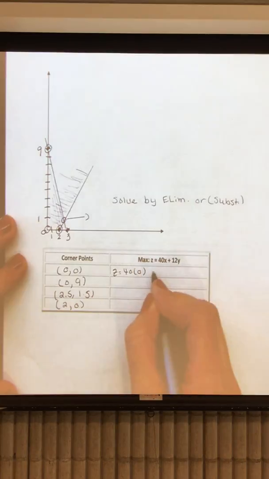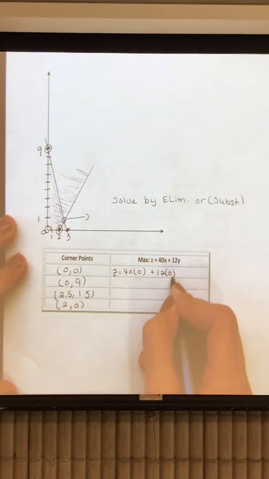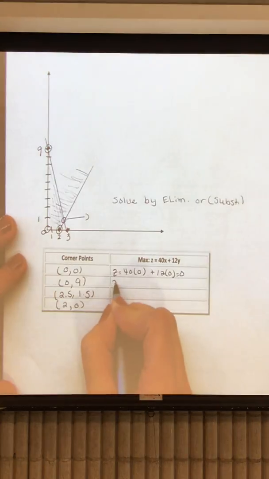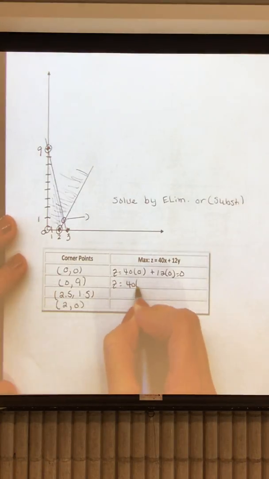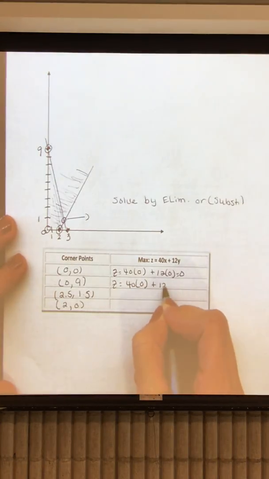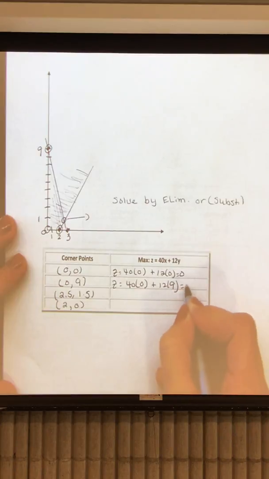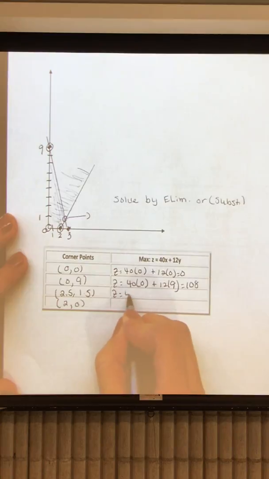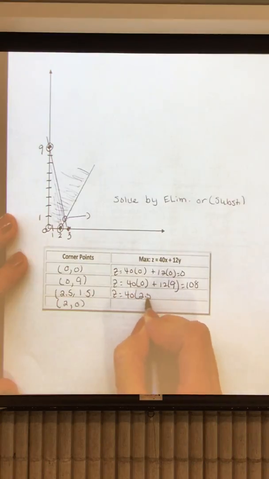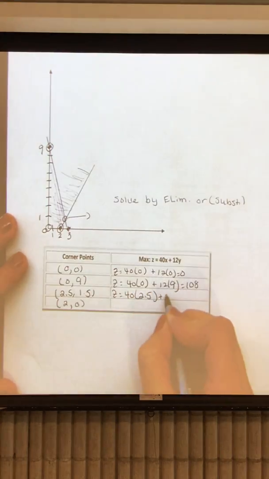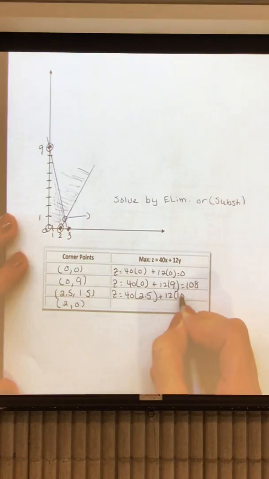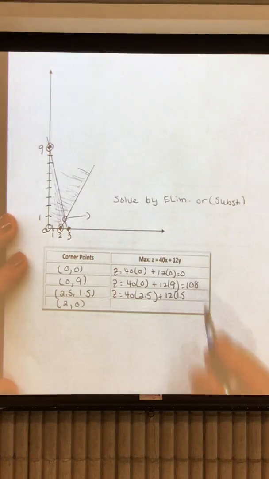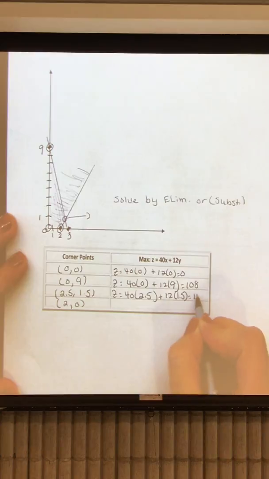So 40 times 0 plus 12 times 0 is equal to 0. 40 times 0 plus 12 times 9 is equal to 108. And z is equal to 40 times 2.5 plus 12 times 1.5, and that is equal to 118.